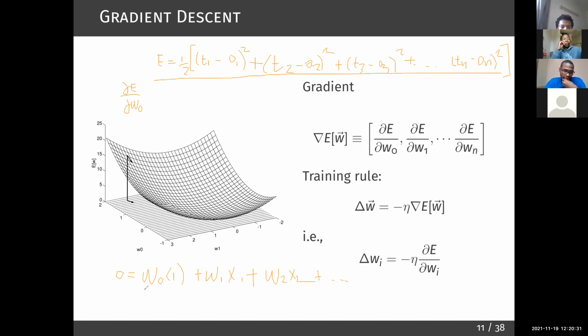With respect to W0, this depends on the input X, the first set of inputs X1 up to Xn, and the second set of inputs X1 up to Xn.